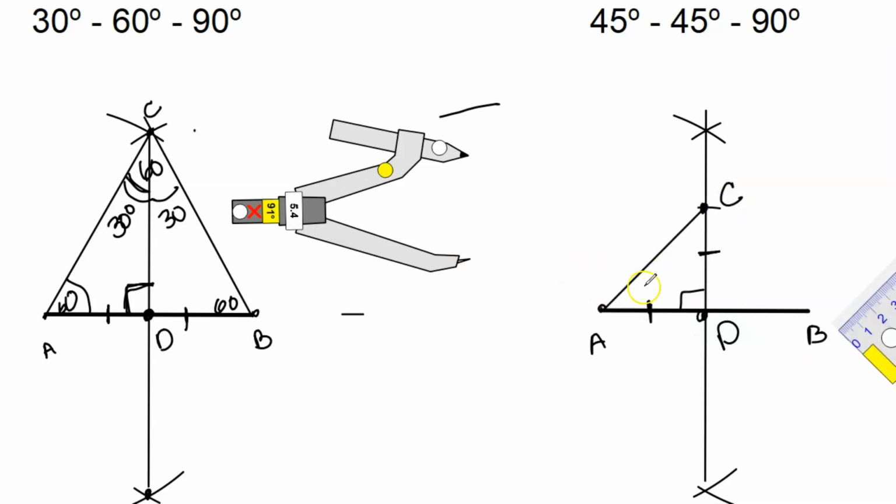And there we have created a perfect 45, 45, 90. Again, using the perpendicular bisector to get that right angle in there, and then using the measure between A and D in your compass, that horizontal measure, to get your vertical measure from D to C. And there you go. Okay.